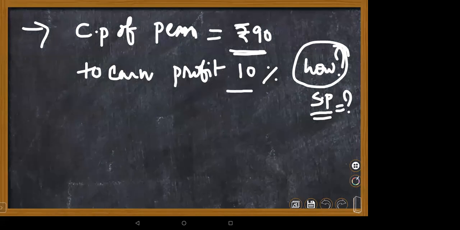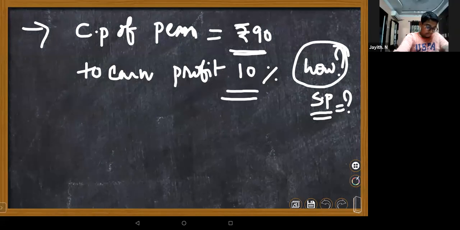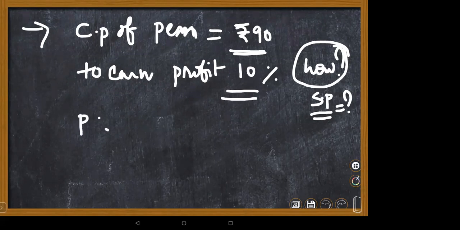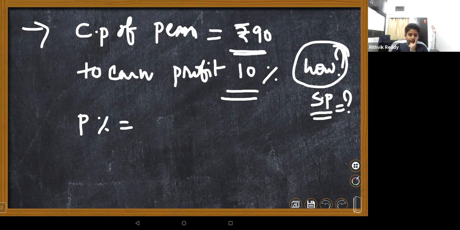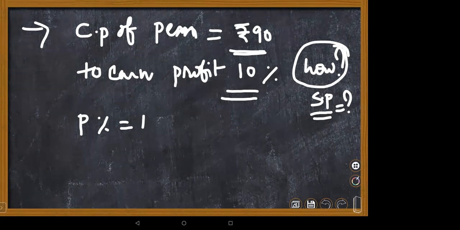See, children, profit. Ma'am, 9 into 10 is 90. So profit percentage is nothing but profit by CP into 100, that is 10 by 90 into 100.